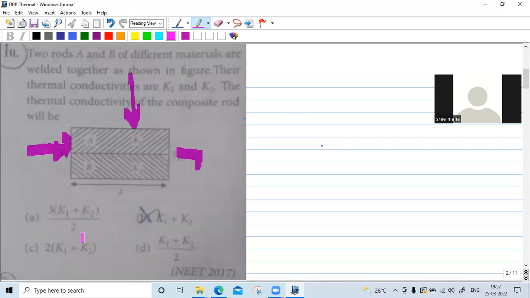Okay, so you know the correct answer. Yes, sir. So what is the expression for heat current? Heat current is proportional to KA by L. Just a minute. My pen is not working. Hold on.